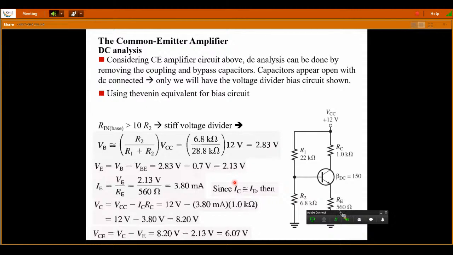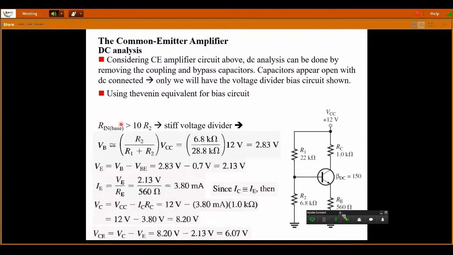Because VCC feeds a voltage divider network, if I use the Thevenin equivalent circuit it is easier to calculate the input currents and input voltages. So we use Thevenin's theorem.